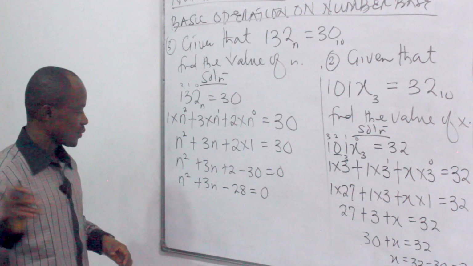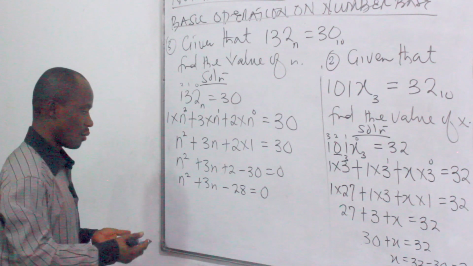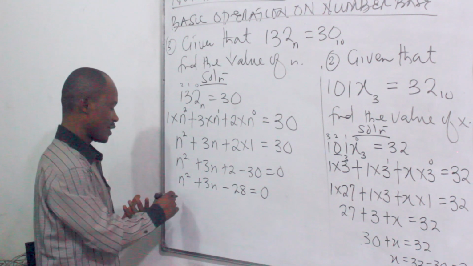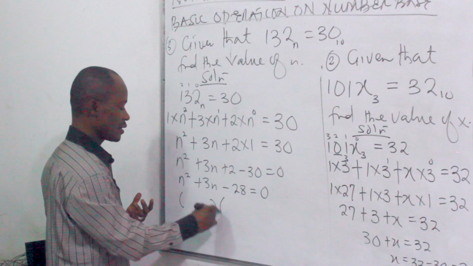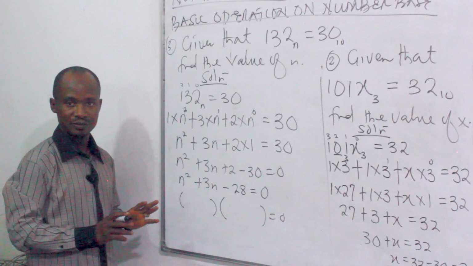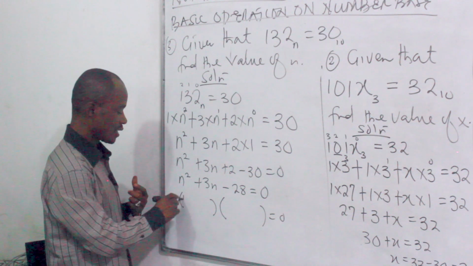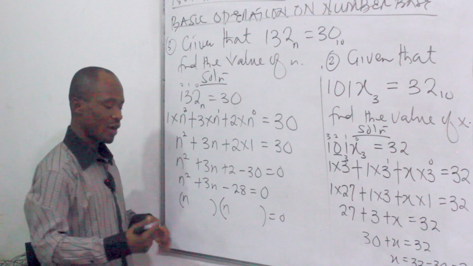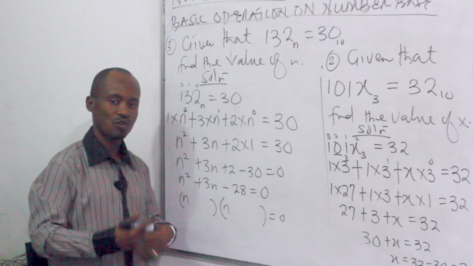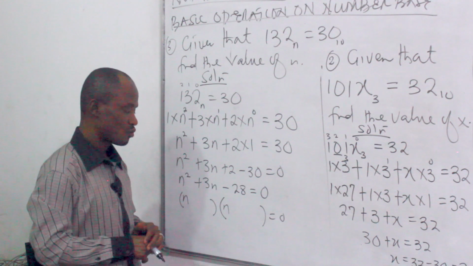To simplify this, assuming I'm in the exam hall, I wouldn't like to waste time. There are many ways, but the best way: you open brackets, given that the coefficient of the squared variable here is unity, and you assign n and n. So we think of two values that multiply to give 28, and when you simplify the values, the result equals 3.